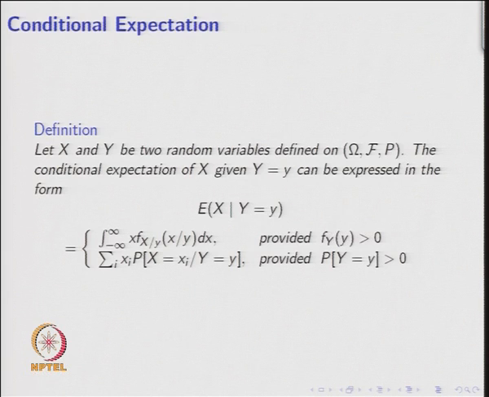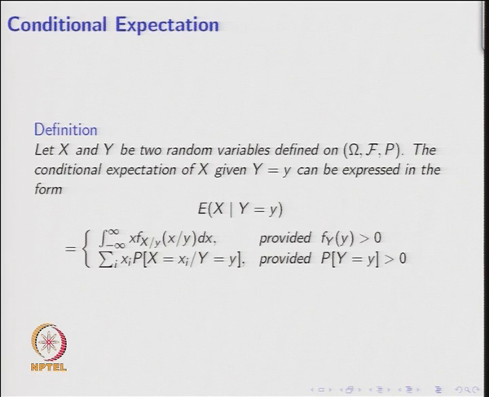Both random variables are defined on the same probability space. Omega is the collection of possible outcomes, F is the sigma field, and P is the probability measure. This triplet is a probability space. So both random variables are defined on the same probability space, and we are defining the conditional expectation of one random variable given that the other random variable takes a value small y.